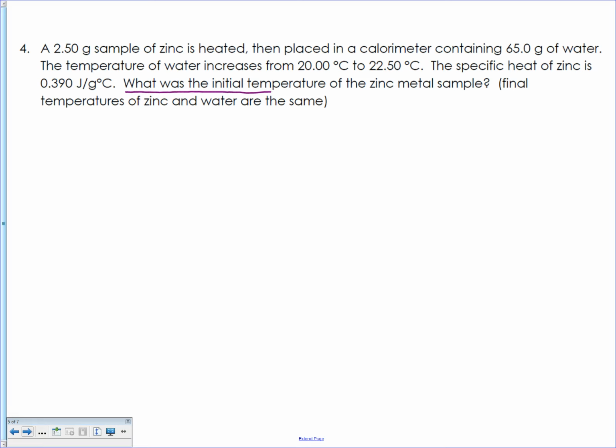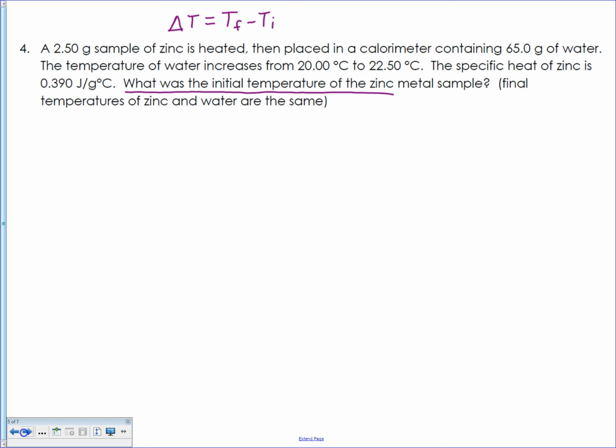So it says, what was the initial temperature of the zinc? So I should point out that it's not asking for the change in temperature, it's asking for the initial temperature of zinc. So in order to solve this problem, we have to remember that delta T is defined as the final temperature minus the initial temperature. So what we're looking for in this case is Ti for the zinc metal.